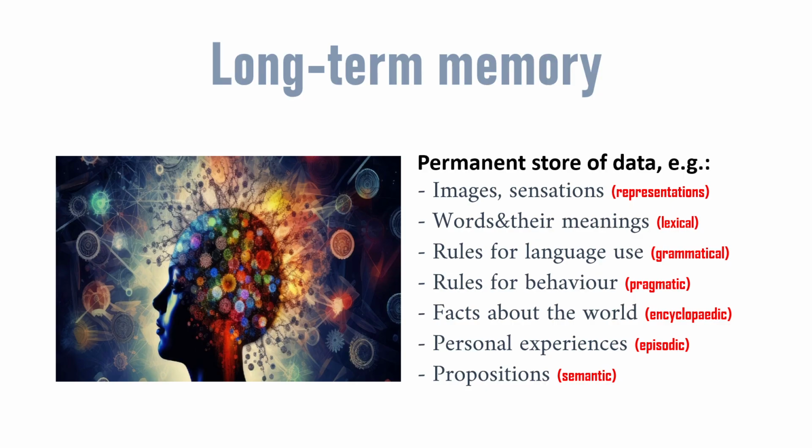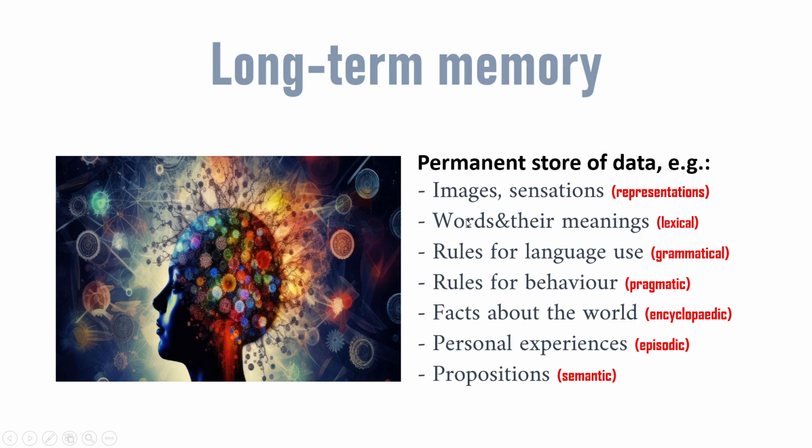This is the memory which stores data permanently. It may be more easily or less easily retrieved upon a need in subsequent occasions, but it is stored permanently. So you may talk about stored images or sensations, like you recognize a particular smell or taste.